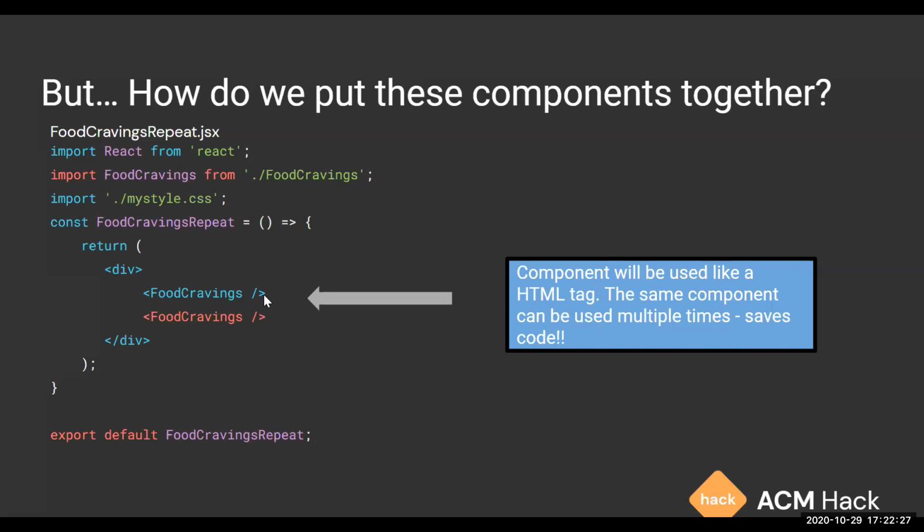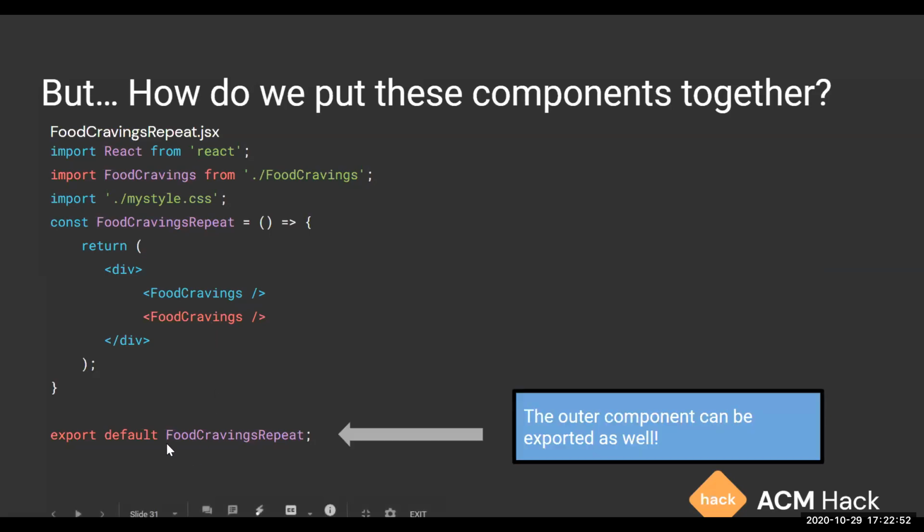Notice that it does not have an open or closing bracket. It's self-closing, and you can use as many of these tags as you want. React does not have a limit on that currently, and the same component can be used multiple times throughout whatever section you want, and that way you can save a lot of code.